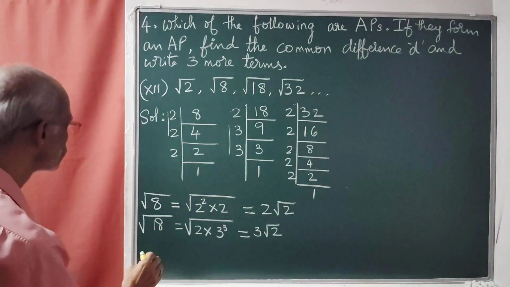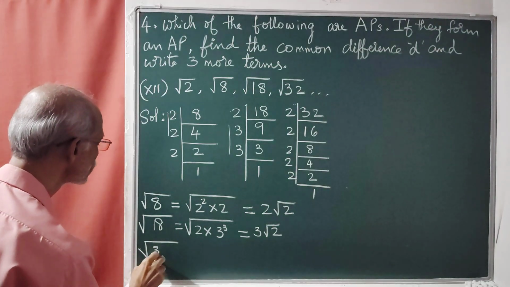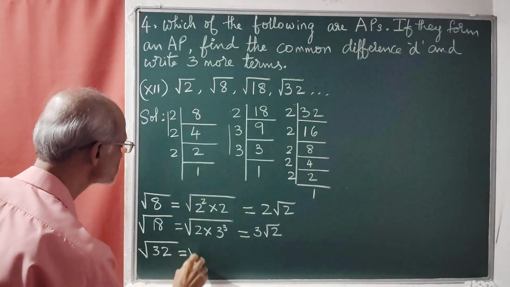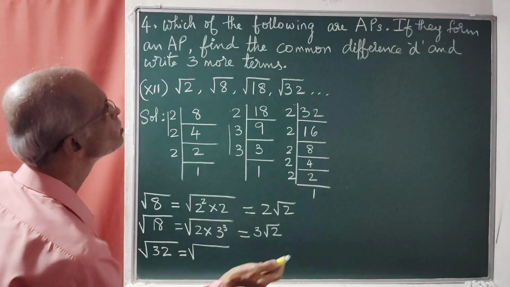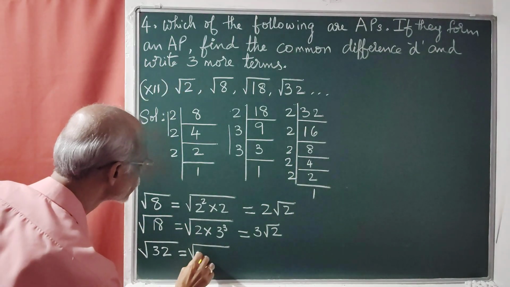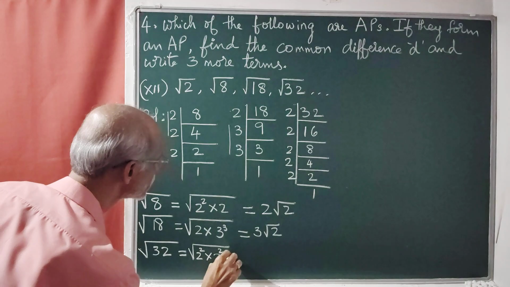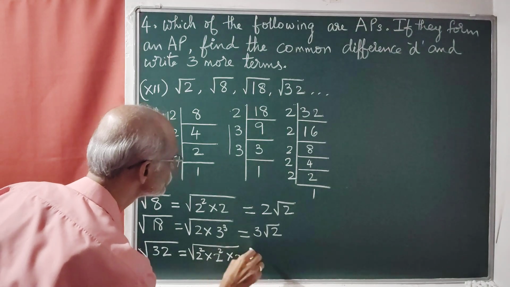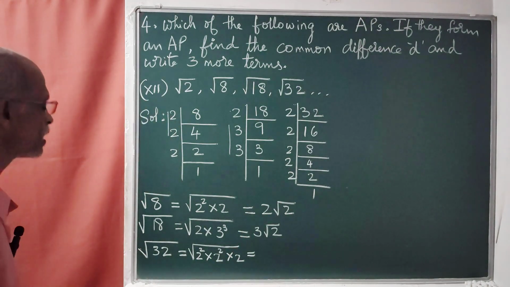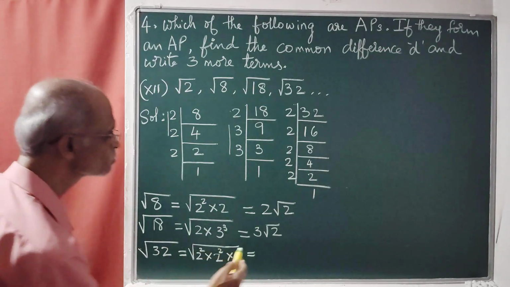Next, root 32. Root 32, we can write it as 2 square into 2 square into 2. Now, if I bring this 2 square outside, it will become 2.